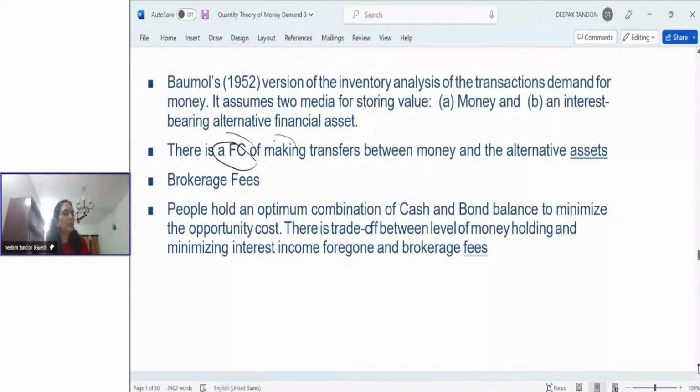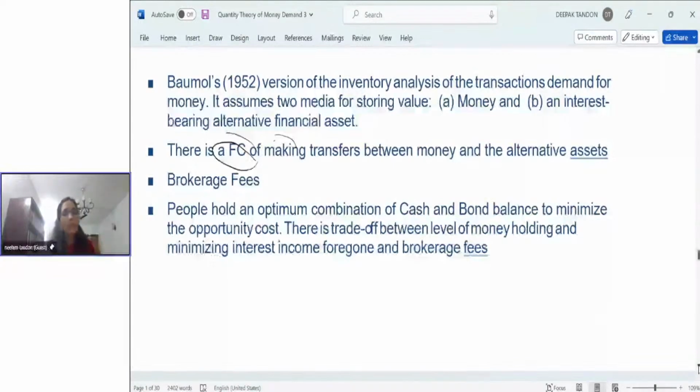This is what has been proposed by Baumol. It is known as inventory because of the way companies have to manage their inventory. They have to optimize their inventory in such a manner that they should not lose their customers, and at the same time, they should not incur cost of investing more in inventories and not getting the right kind of sales.